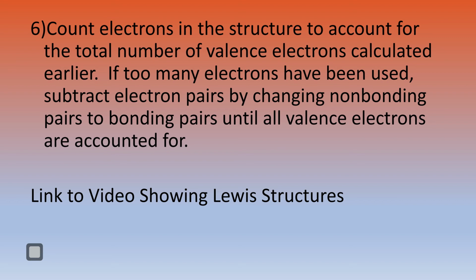The last thing is count the electrons in the structure to account for the total number of valence electrons calculated. If too many electrons have been used, subtract the electron pairs by changing non-bonding pairs to bonding pairs until all valence electrons are accounted for. So anyway, that's a very large instruction.